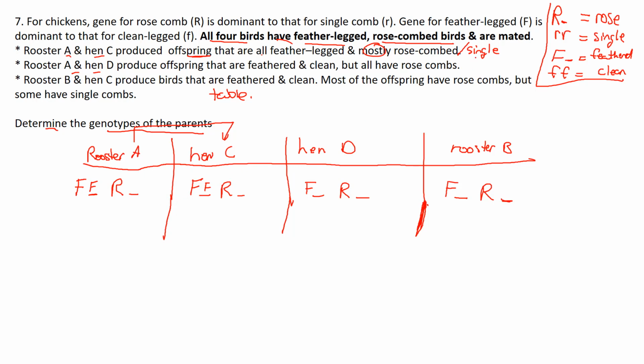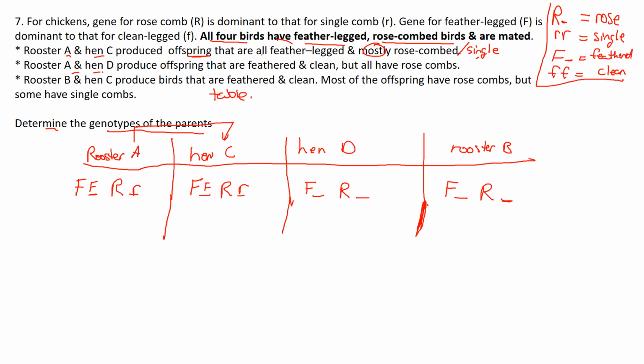But because they had some single, we know that both these guys must be carrying a recessive allele r for the single trait. That's how they got some offspring for single.